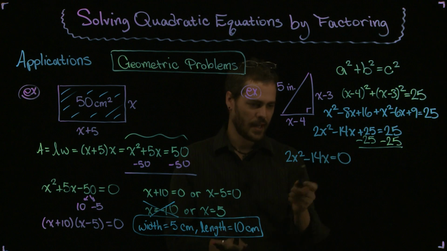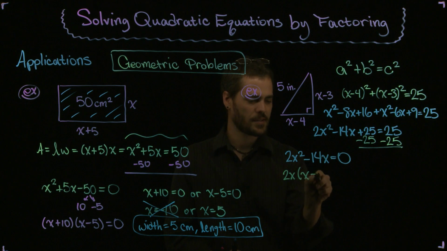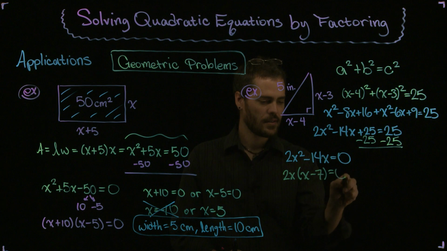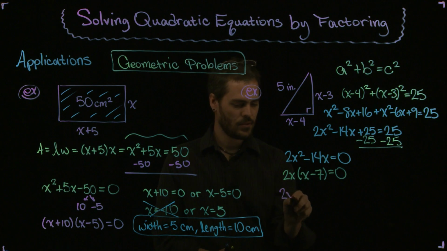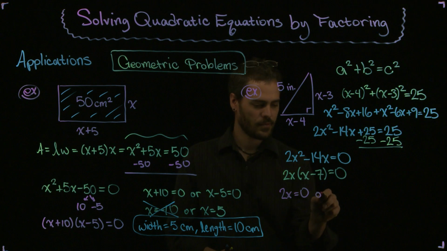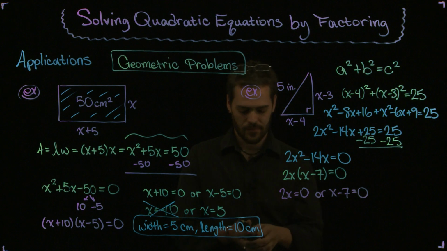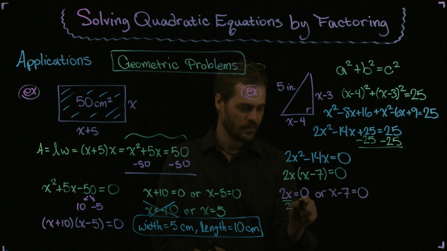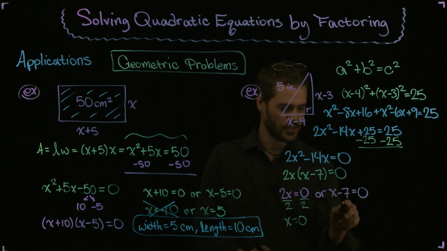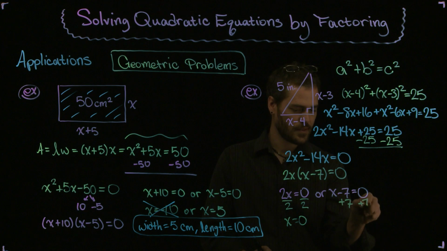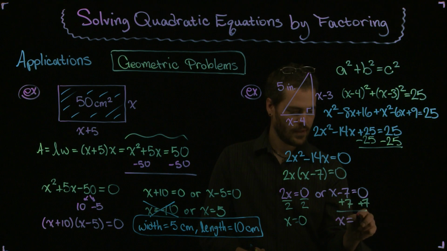There's a greatest common factor that I can factor out, the 2x, and I'm left with x minus 7 equals 0, which tells me that 2x is equal to 0, or x minus 7 is equal to 0. The left equation, if I divide both sides by 2, I end up with x equals 0. The right equation, I'm going to start by adding 7 to both sides. That gives me x equals 7.